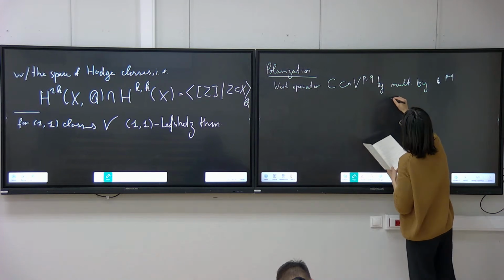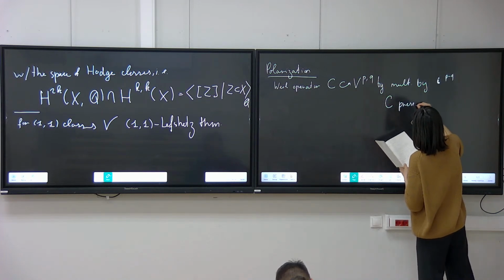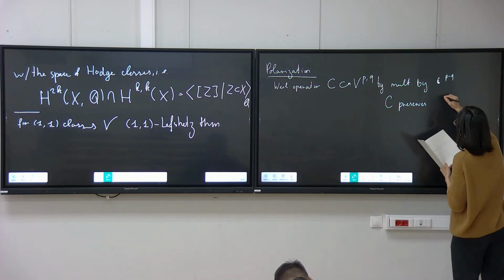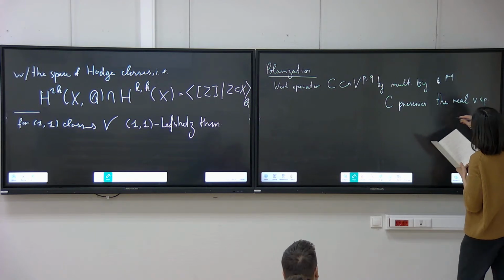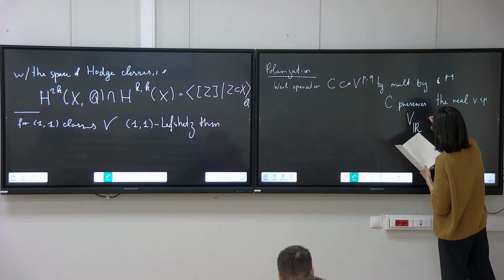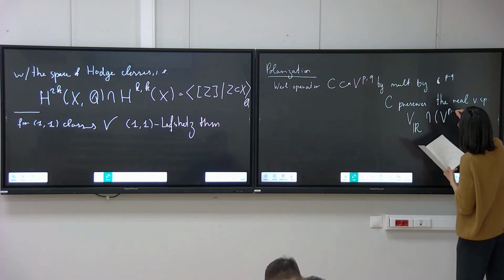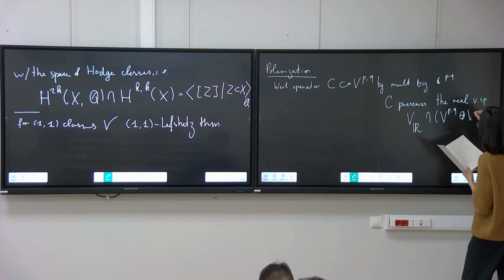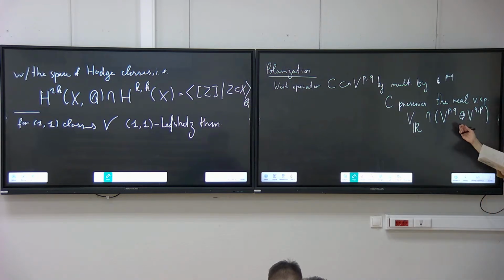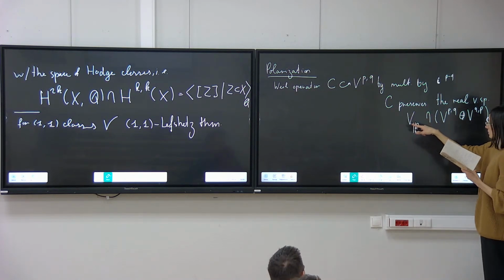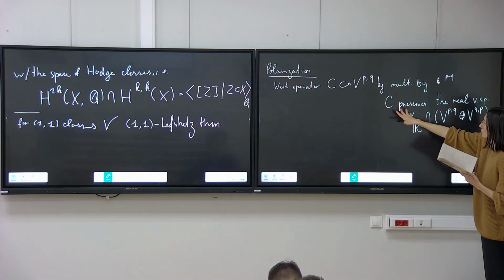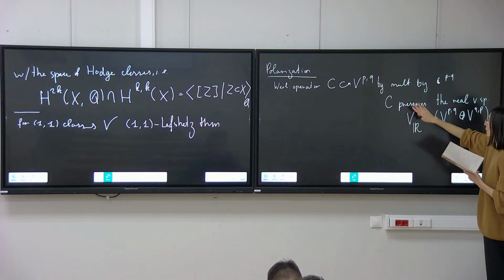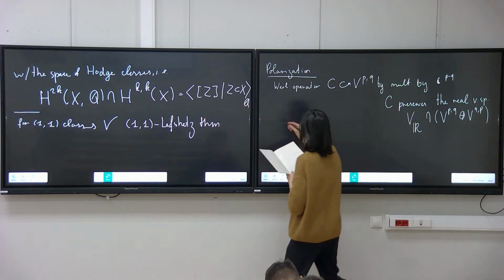Note that C preserves the real vector space V_R intersected with V^{p,q}. So the real vector space is when we take a vector and then its conjugate. This is a real subspace here, and it's immediate that the Weil operator preserves this subspace.